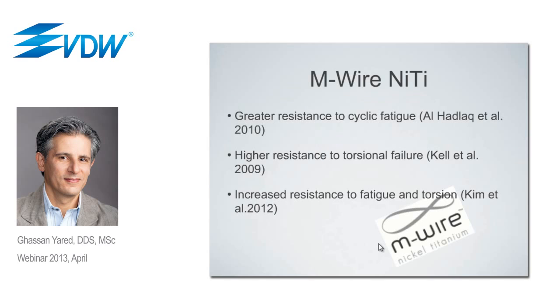These instruments are made from a nickel titanium M-Wire. We know from research that the use of an M-Wire gives a greater resistance to cyclic fatigue. It gives a greater resistance to torsional failure.